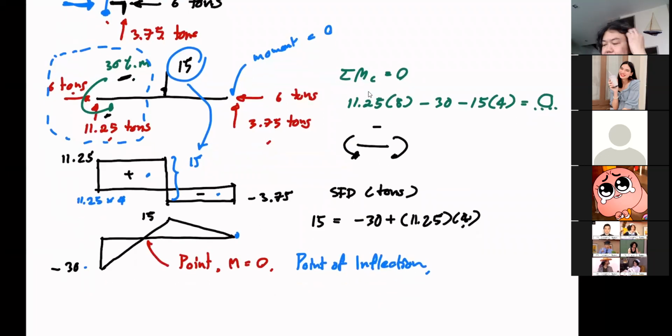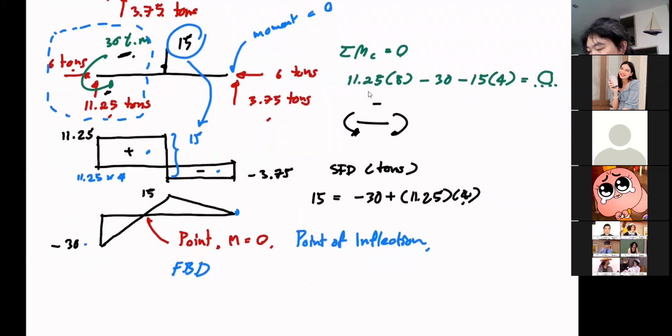So from that, I can just draw the free body diagram. And at location x, where this moment is 0, now I have 11.25 here as my force, and then I have moment here, 30.